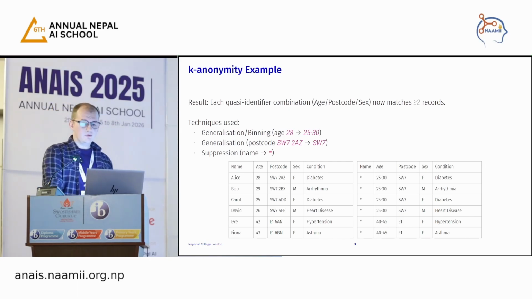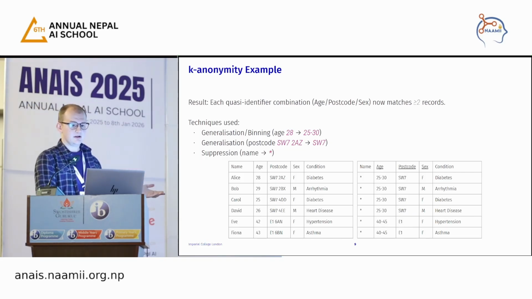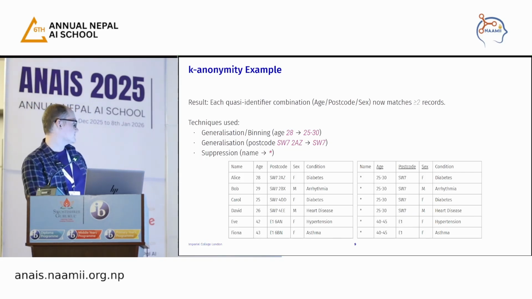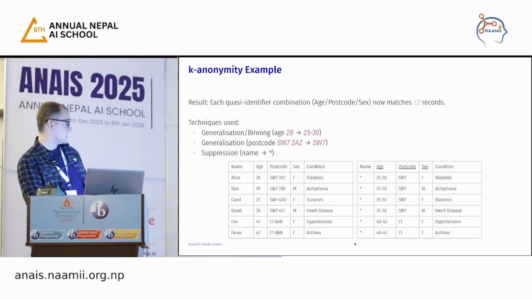So in order to achieve k-anonymity, in this case 2 anonymity, we need to perform the following data transformations. We bin the age, we generalize the postcode, and we remove the name. Obviously, names are also uniquely identifying, right? So this leads us to this example here.